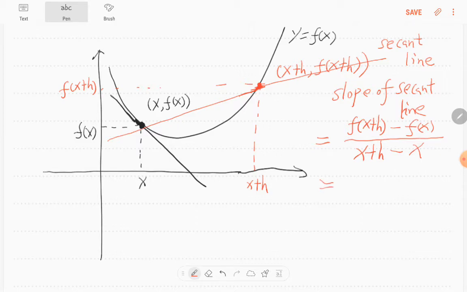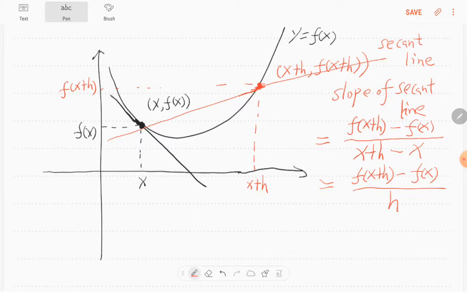So this would be f of x plus h minus f of x over h. Okay, so we can use the old-fashioned formula to find the slope of this secant line. But it's not the slope for the tangent line. However, the next question is how can we use the slope of the secant line to get the slope for this tangent line? So the idea is the following.